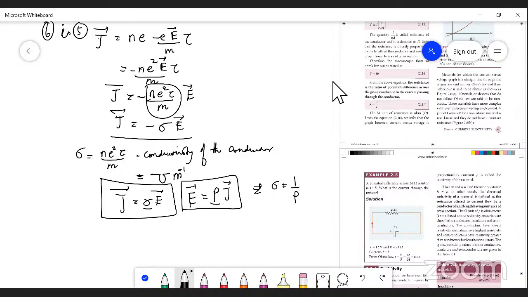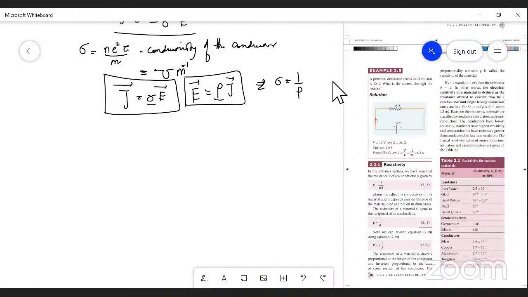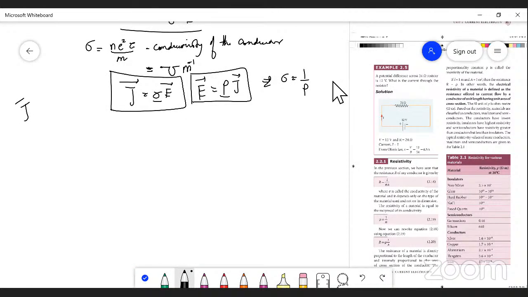Here in this particular case, this J vector is the current density which acts along the direction of area vector. As I told you, current density is a vector quantity. J vector is equal to I divided by A. If you look at this expression, you may wonder there are two quantities, current and area, which bring out this current density. Current is scalar, already noted, because it does not obey the law of vector addition.